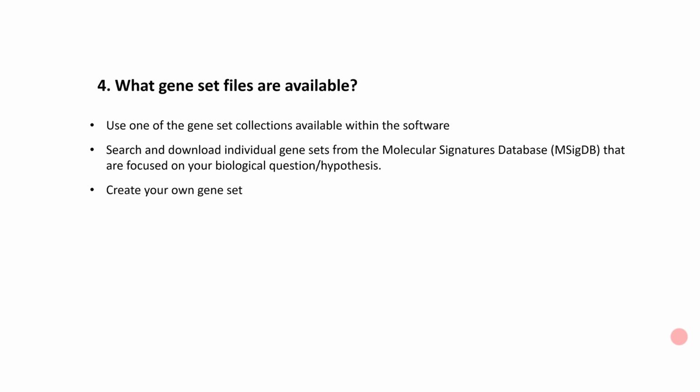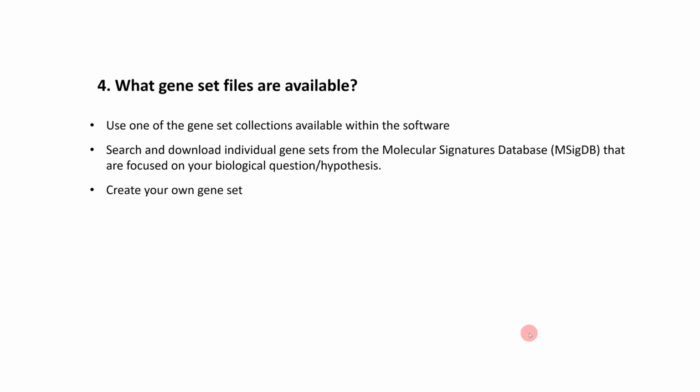A key part of GSEA is those gene set files to compare with your expression dataset. So what ones are available? There are several collections of gene sets available within the software. You can also search and download individual gene sets from those collections that are more focused on your particular question or hypothesis.